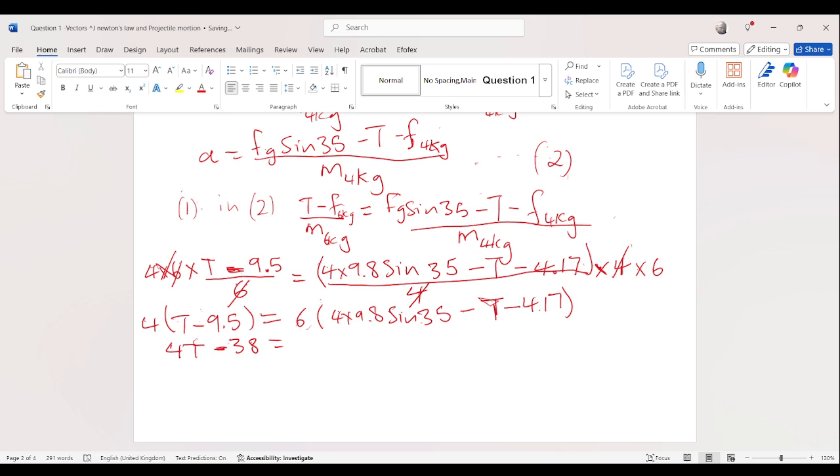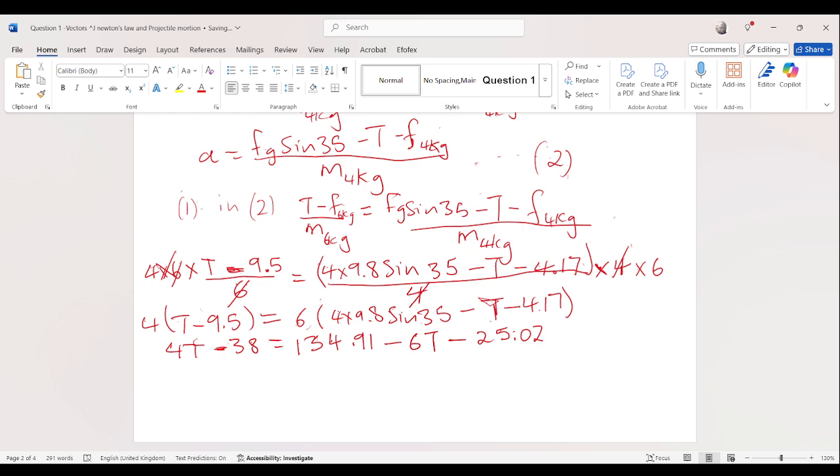We got 134.91. Then minus 6T minus 6 times 4.17. 6 times 4.17 will give us 25.02.